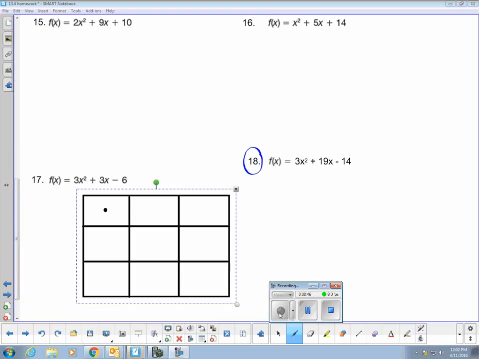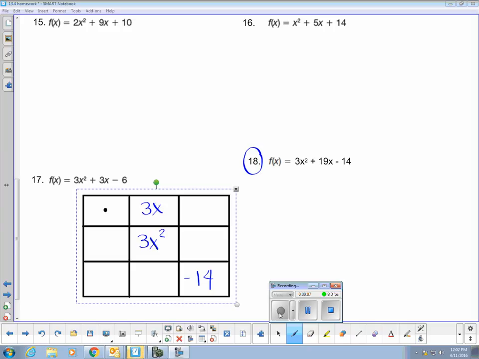I'm going to go all the way down to number 18. You see some of the previous problems are very similar, but I'd like to do number 18 because I'm going to go back to using my multiplication table again to help me to factor. And so I'm going to begin with 3x squared and negative 14.